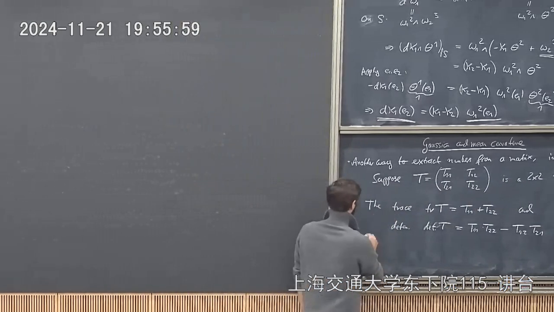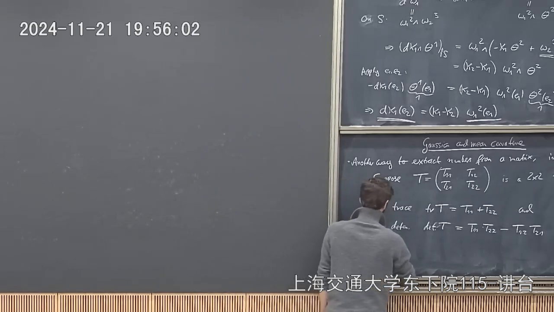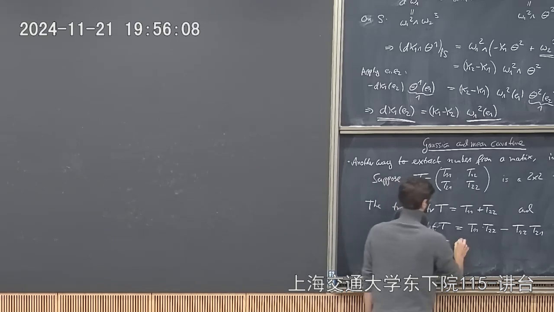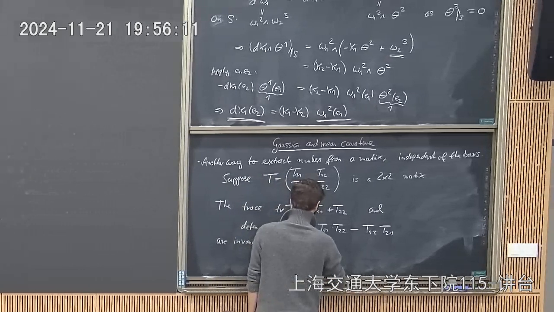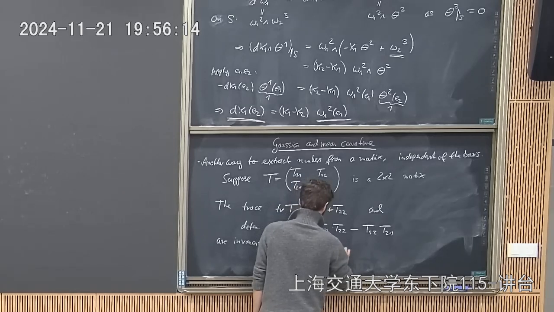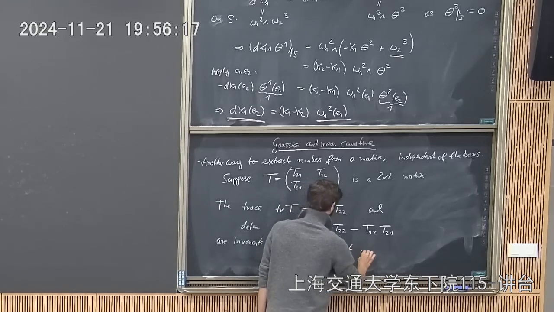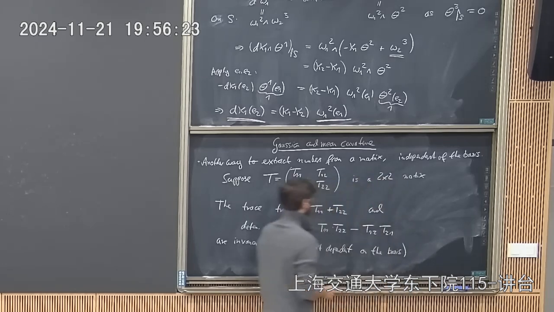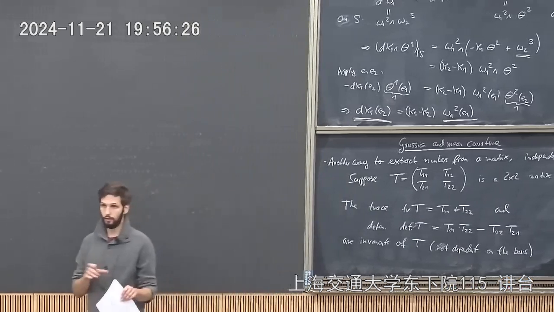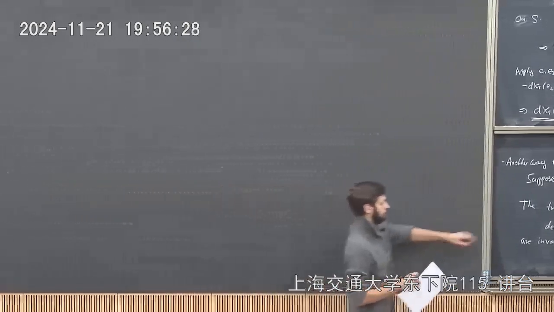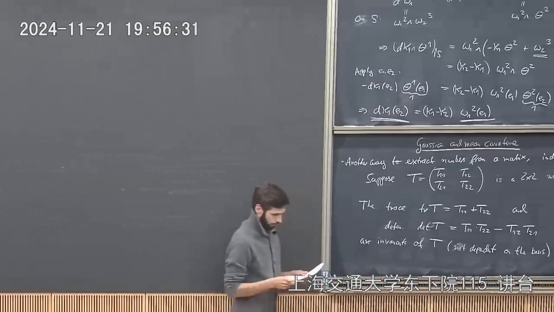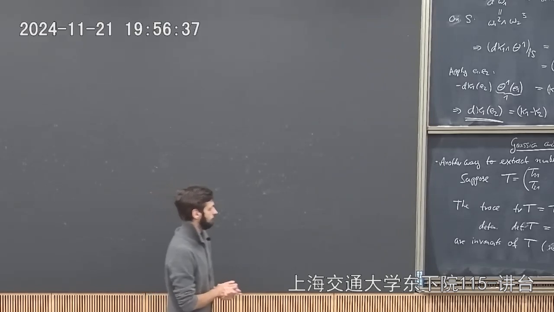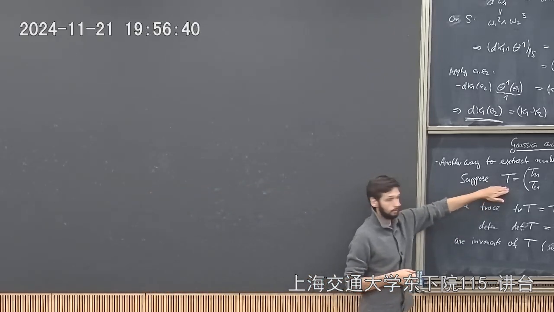And both of them are invariants of T, so they don't depend on the basis. If you choose a different basis, you might get different entries there, but the determinant and the trace don't change under this change of basis. So that's a nice construction that we can do for every 2 by 2 matrix.